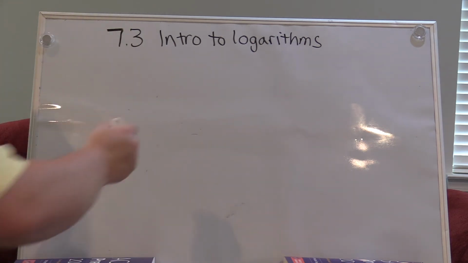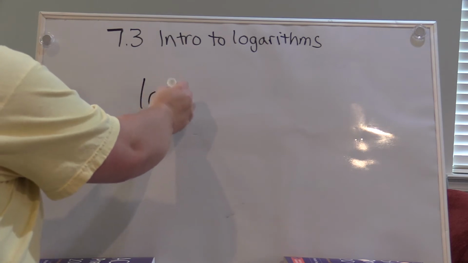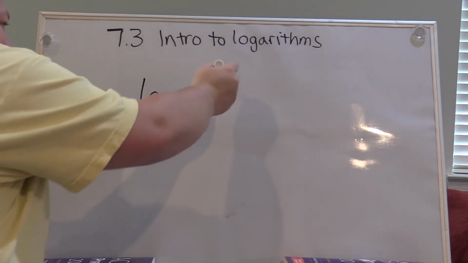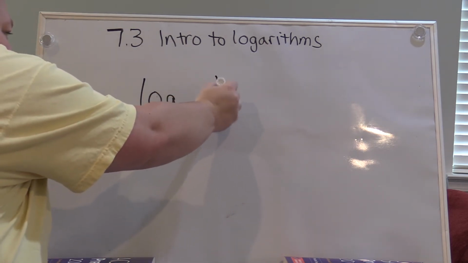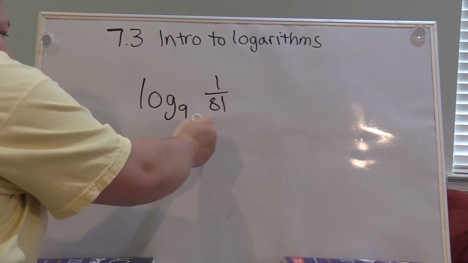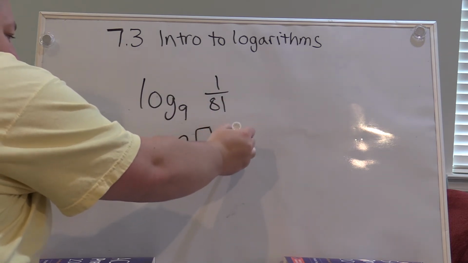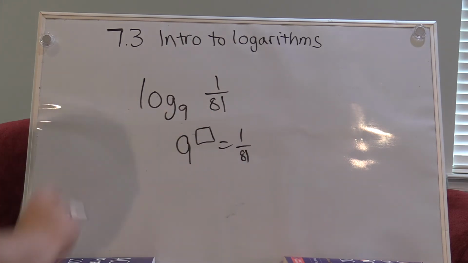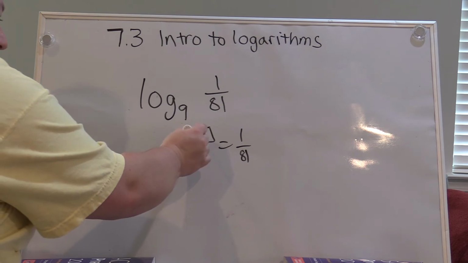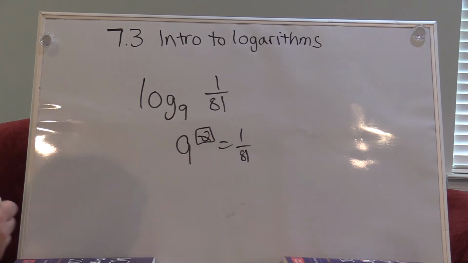My last example is log base 9 of 1 over 81. So 9 to what power is 1 over 81? Because it's a fraction, I know it's going to be a negative. So 9 to what power is 81? 2. Remember, it's going to be negative, so this becomes negative 2.